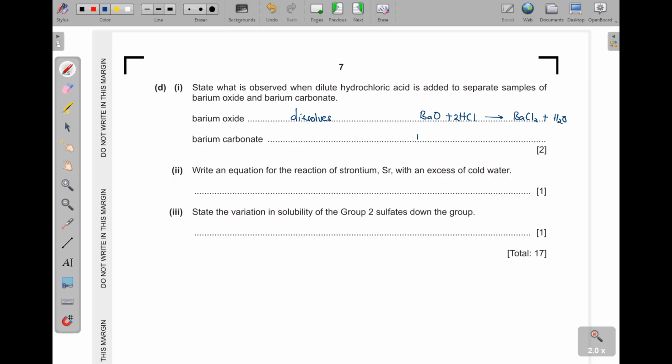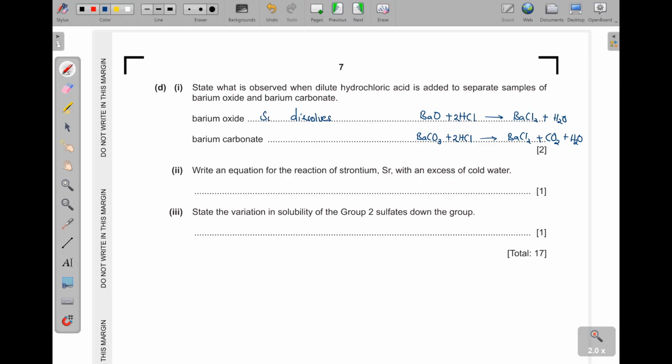And then for barium carbonate, a carbonate plus an acid, we get a salt, carbon dioxide and water. Now to balance this, of course, I'll put a 2 here, and I think that will be all. So this barium carbonate, you will see it dissolving, it will disappear. So I will say solid dissolves.